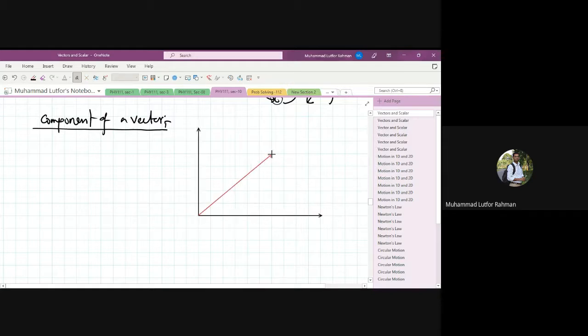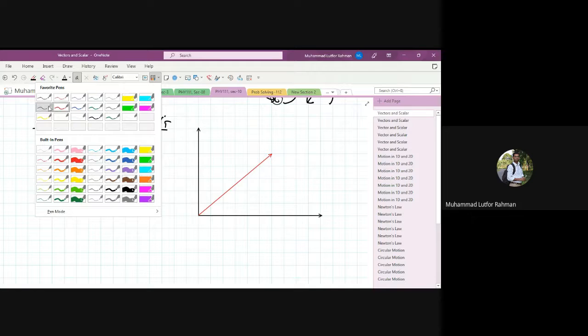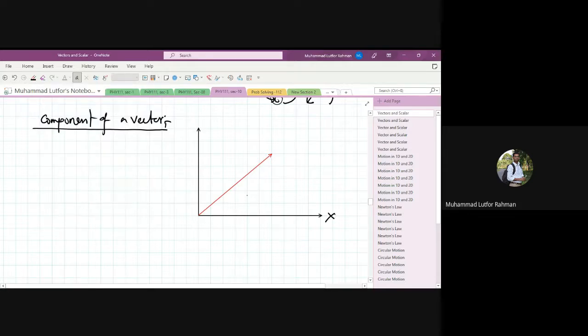Say, this is a vector. So I have that vector, say this is my x-axis, this is my y-axis, and say this is my vector A. Right now I do not know the coordinates.